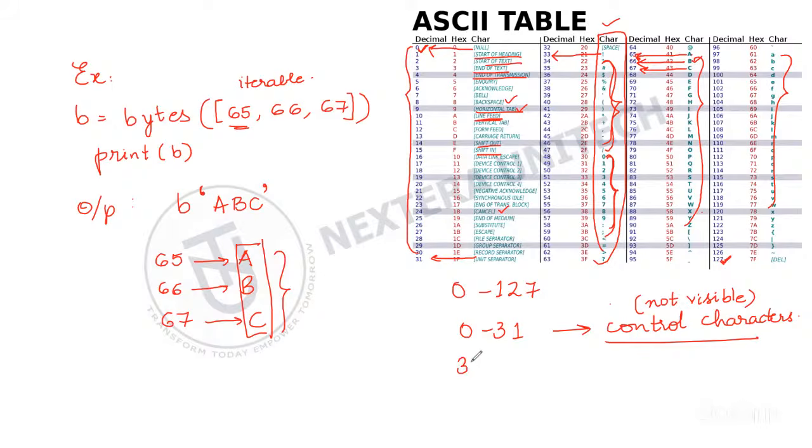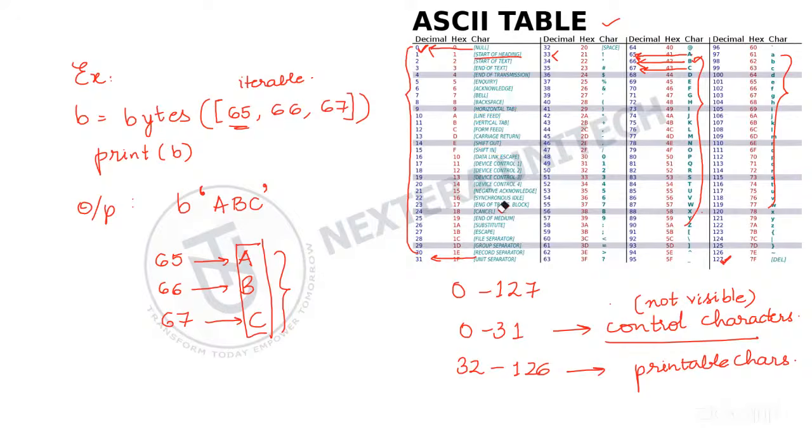Moving on, from 32 to 126, all are printable characters. When you press the space bar, you get a space between the letters before and after, so that is printable. 32 is the space value.